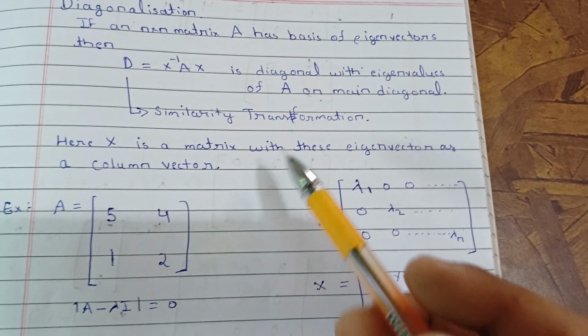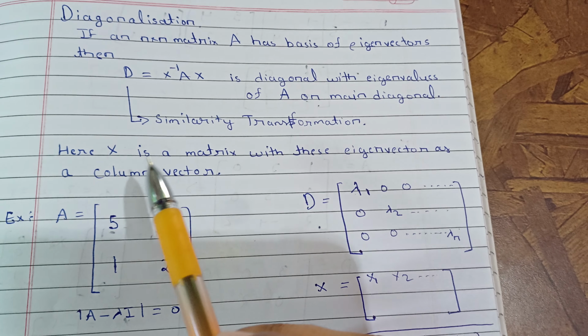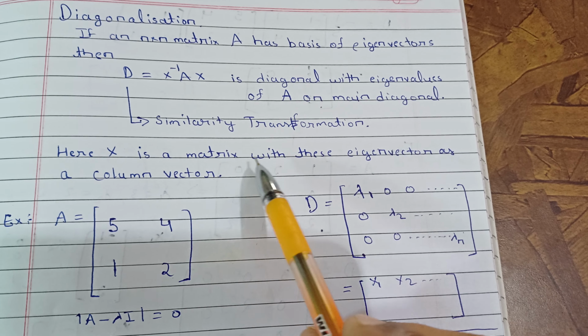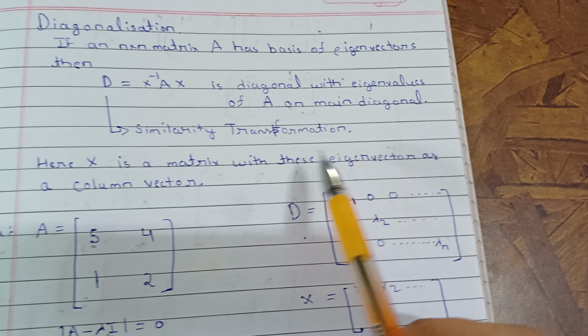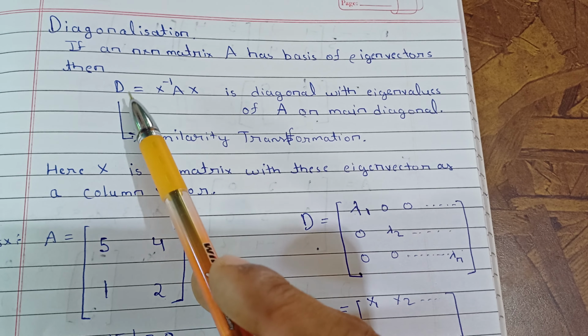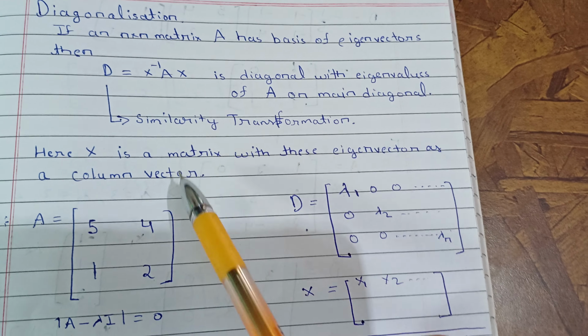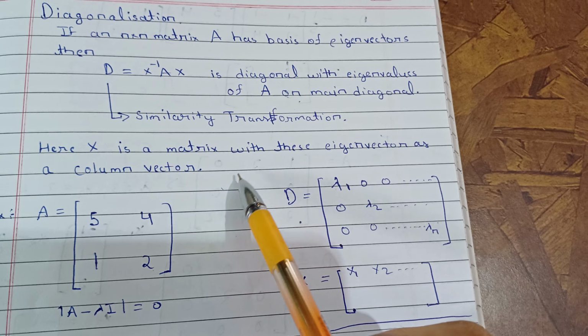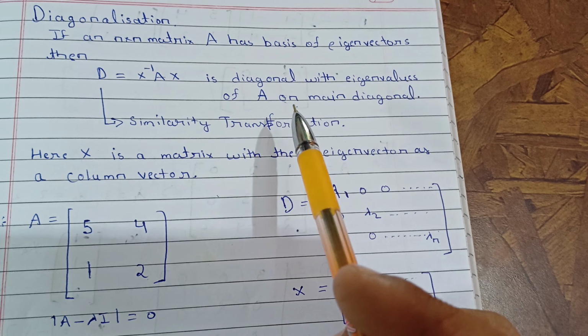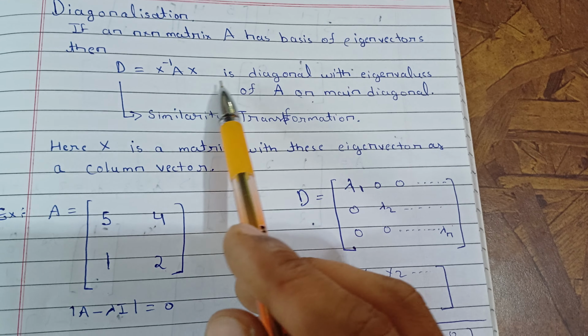We will see it with an example and you will understand more clearly. Here X is a matrix with the eigenvectors as column vectors. And when you get the diagonal matrix, all the eigenvalues of A will be on the diagonal and all other elements are zero. That kind of matrix you will get after this operation.